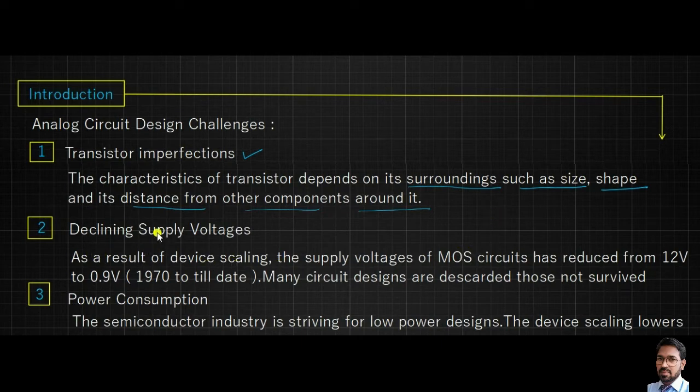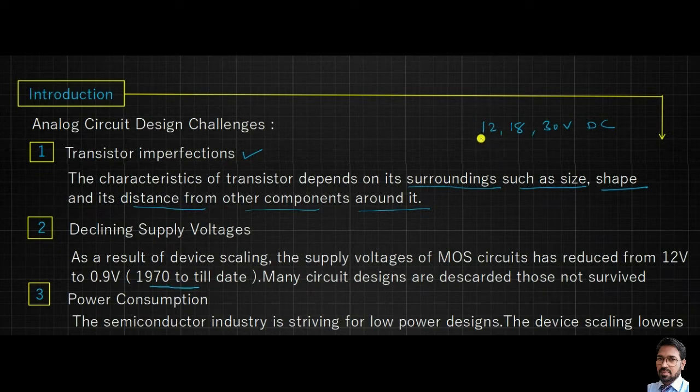Now, declining supply voltages. If you look at the era of 1970, you'll find that 12 volt, 18 volt, or 30 volt DC was required to operate electronic circuits. As you know, electronic circuits require DC voltage to turn on, because we can make the movement of holes and electrons by using DC.